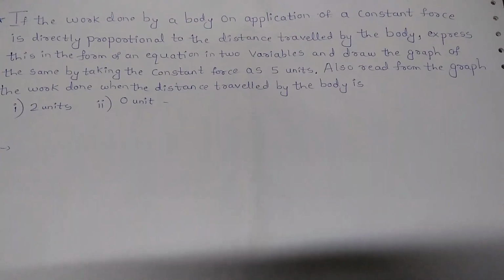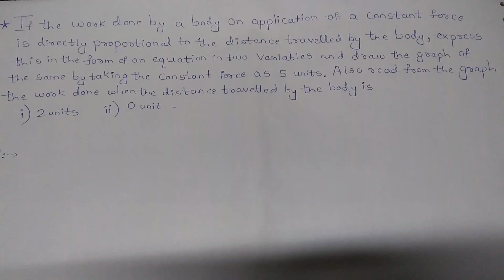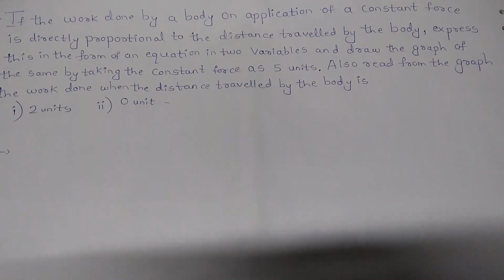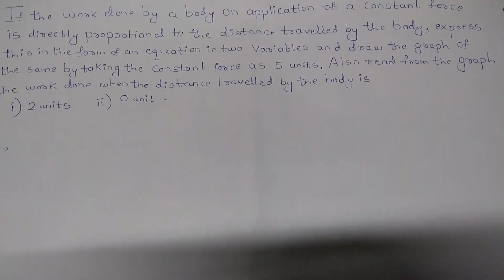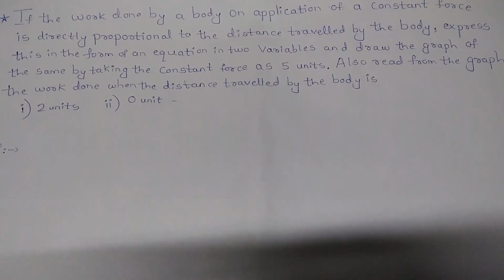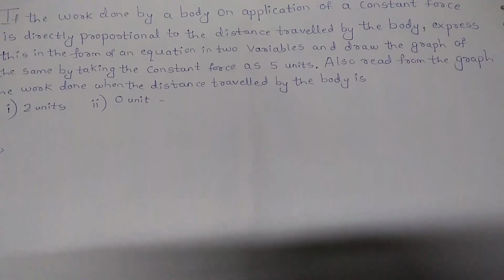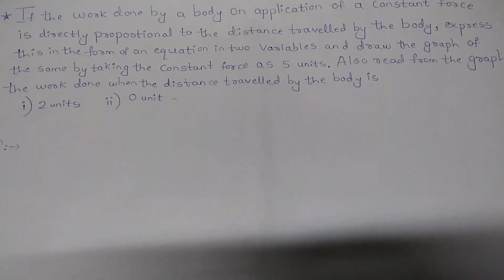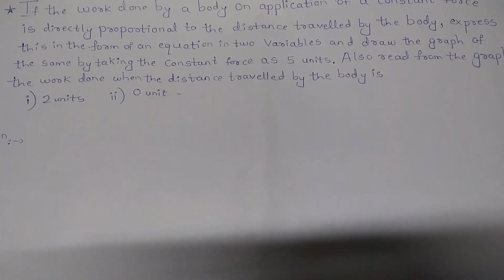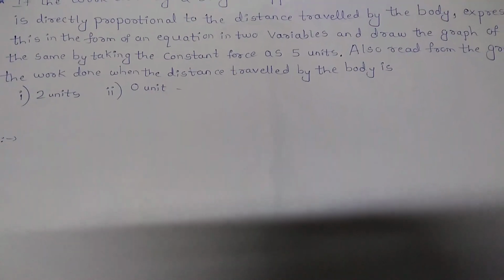So there are basically two parts of this question. You have to first write a linear equation in two variables for the given data, and also draw the graph of that linear equation taking the constant force as 5 units. After that, from the graph you have to check what is the work done when the distance traveled by the body is 2 units and 0 units.